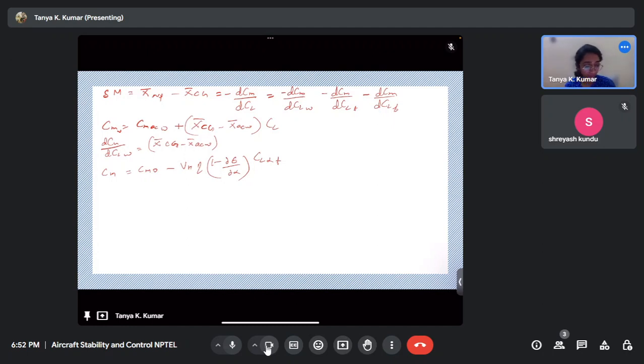Yeah, it will be alpha wing. Now if I do dCm by dCl of the tail, you get minus Vh eta times 1 minus dou epsilon by dou alpha, Cl alpha tail by Cl alpha wing.